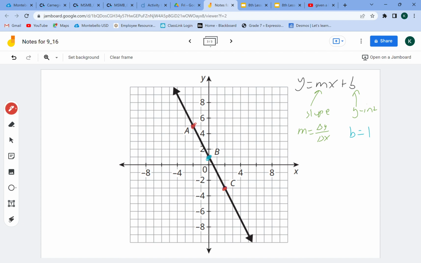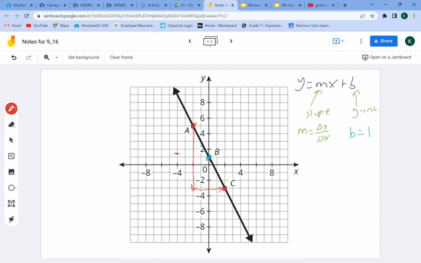Now I'm going to see how I'm changing. I go down a certain amount of units, then I go to the right a certain amount of units. Since I went down, that's a negative. Then I count how many units I went down: 1, 2, 3, 4, 5, 6, 7, 8.